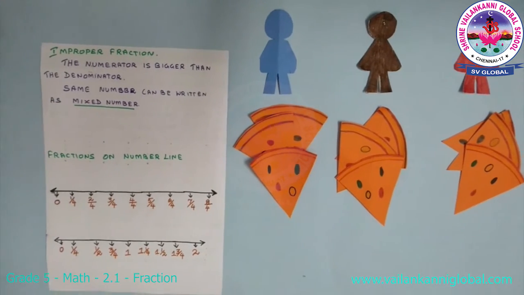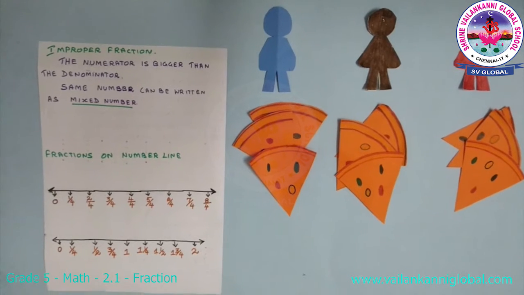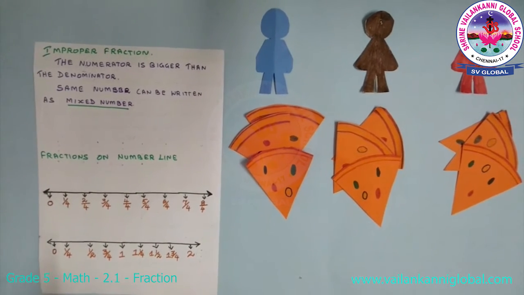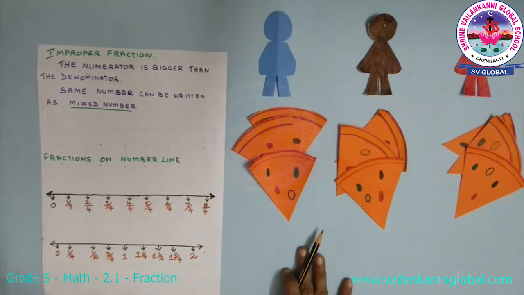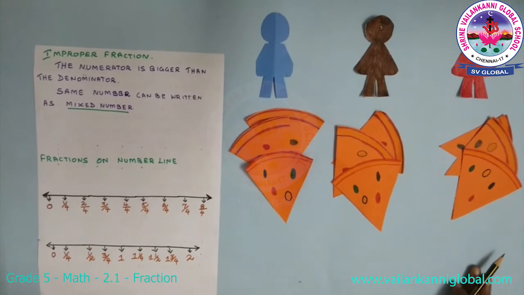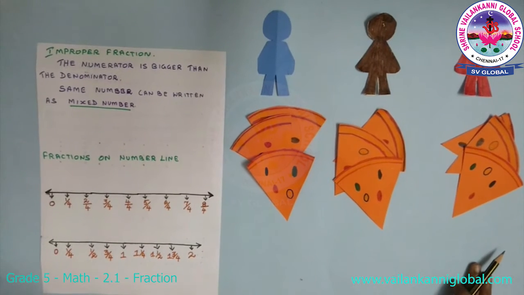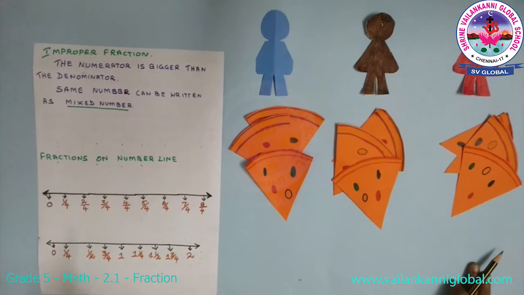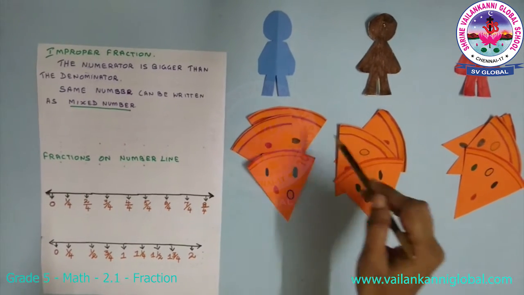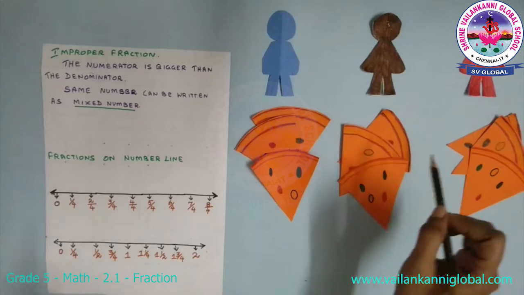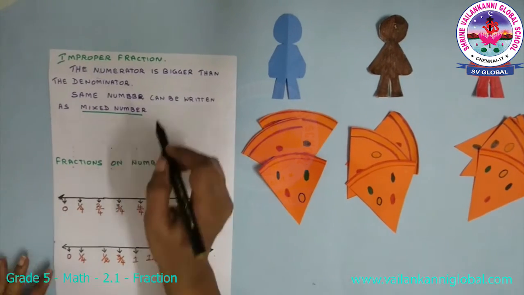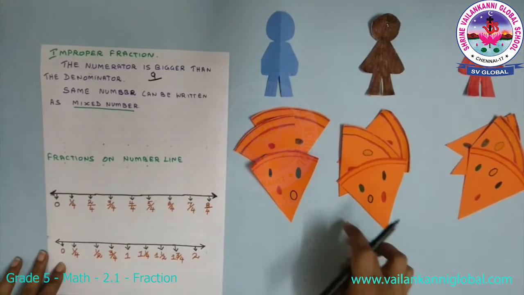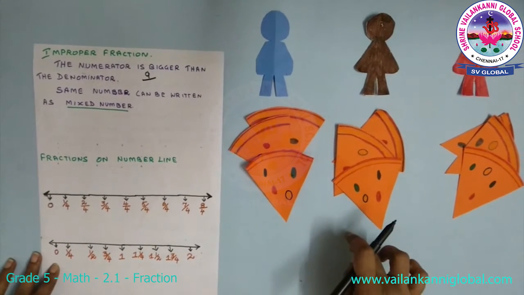So totally how many pieces are there? First there are 6 pieces, then the second one has 3 pieces. So 6 plus 3, totally 9 pieces, isn't it? 3, 3, 3, totally 9 pieces. But how many parts did we divide one pizza into?